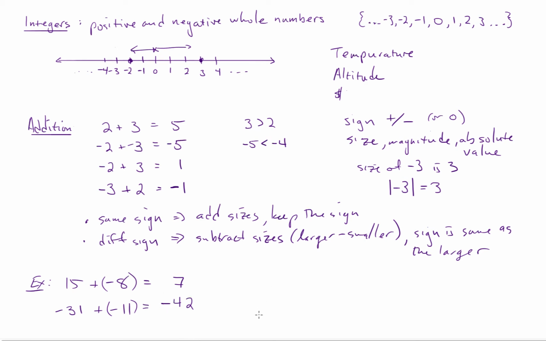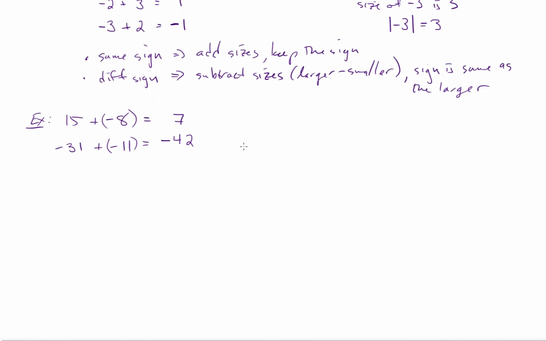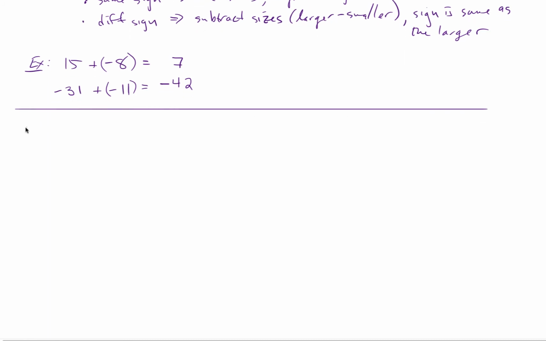Okay, well now let's look at subtraction. The cool thing about subtraction is it's just the opposite of addition. It's adding the opposite. In general, you might write it this way.